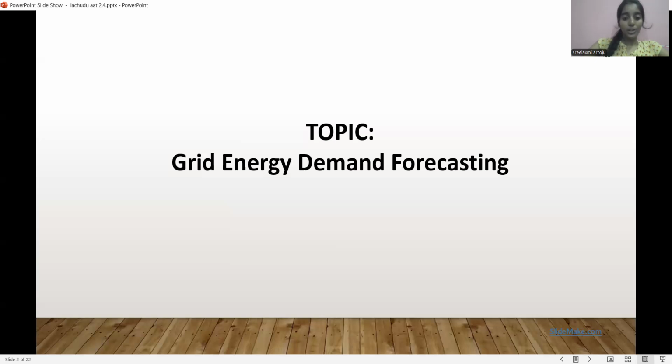Therefore, modern demand forecasting systems often use net load forecasting, where the forecasted renewable generation is subtracted from the demand forecast to determine the actual burden on controllable resources in high renewable penetration regions.